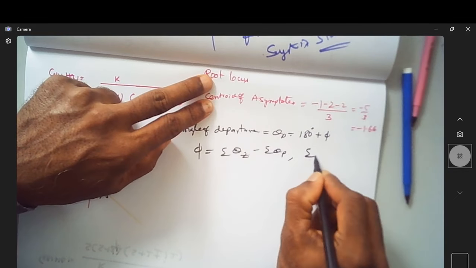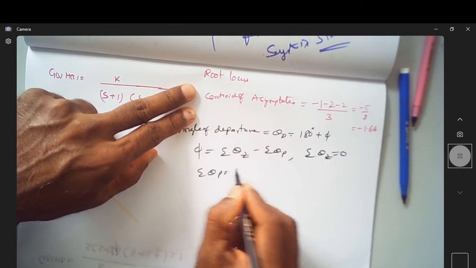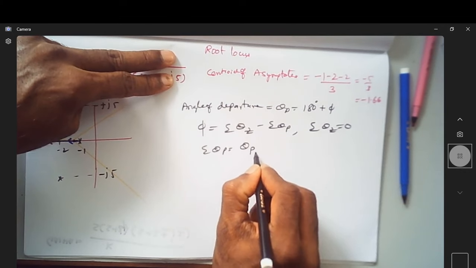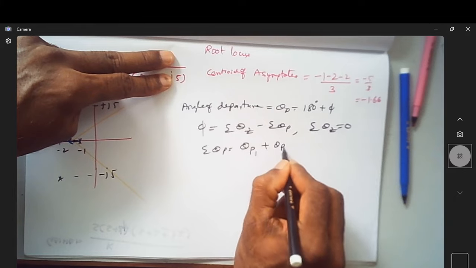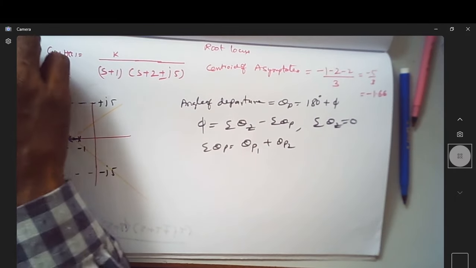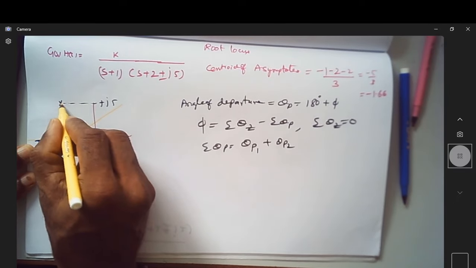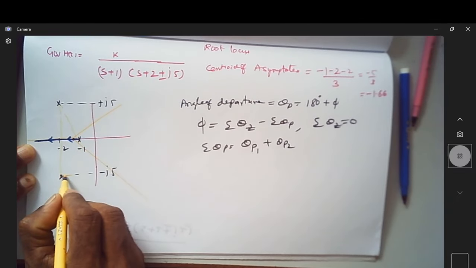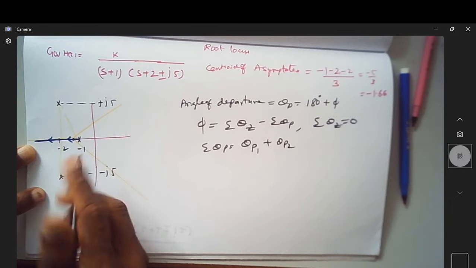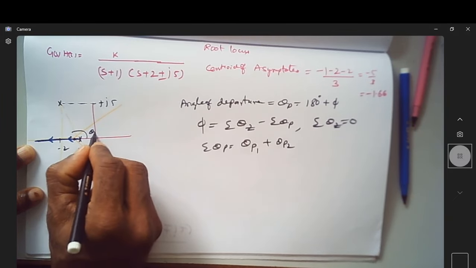So summation of theta z is 0, whereas for summation of theta p we have actually 2 poles. Since I'm interested in finding the angle of departure of this, let me join this to this and then this to this to find the angle. If I treat this as theta p1, then this is theta p2.